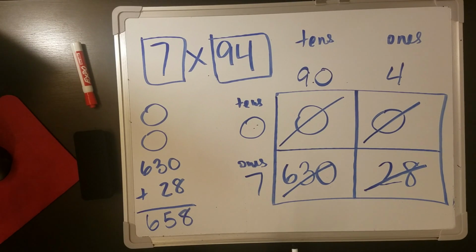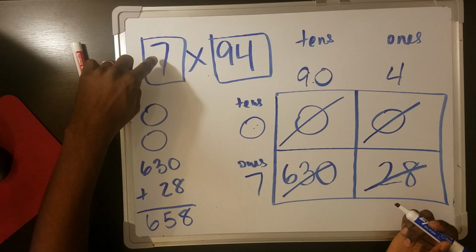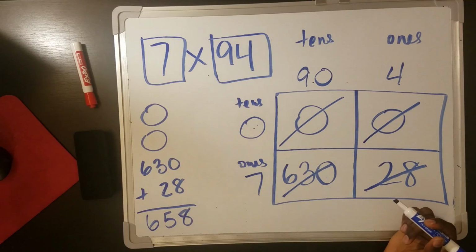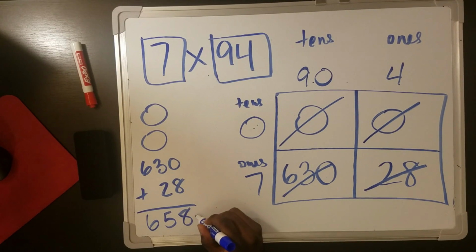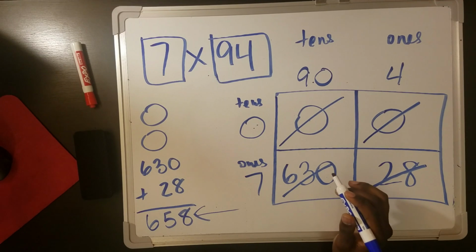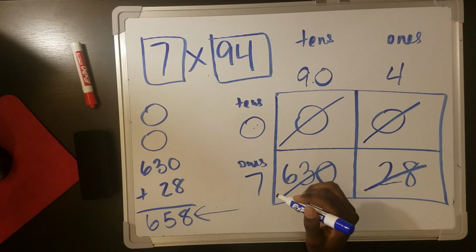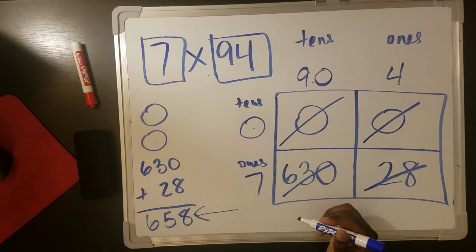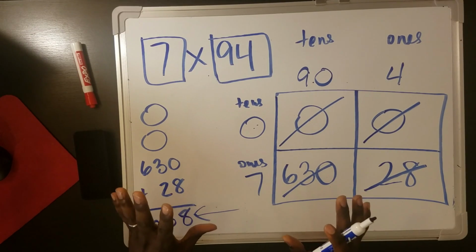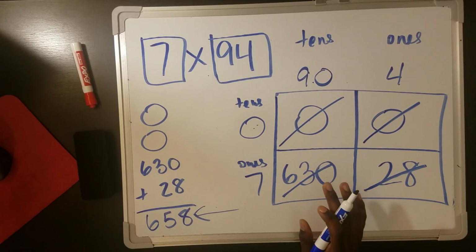So Common Core Math, the multiplication version, has showed us that if we multiply 7 times 94, the answer is going to be 658. If any of that confused you, don't worry. We're going to have another question to kind of reinforce this. We're going to go a little bit faster, but not too fast to lose anybody.